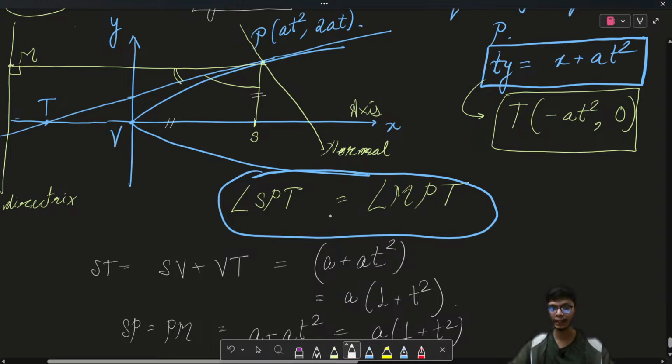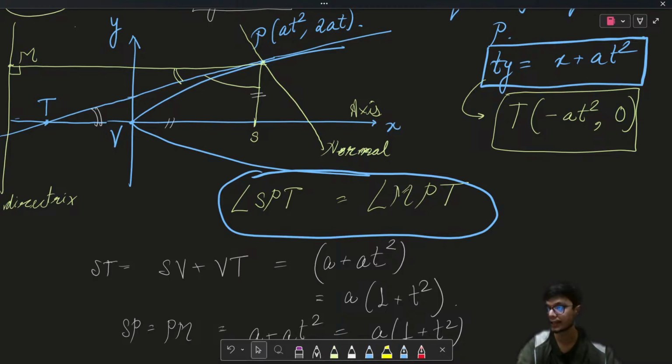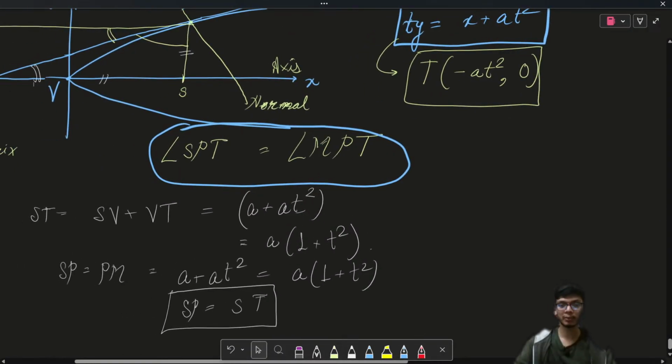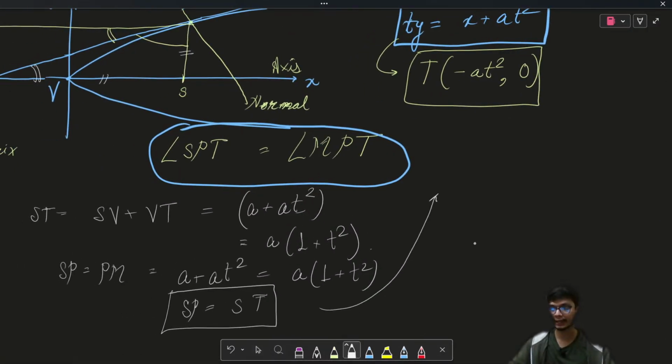That means triangle PST is an isosceles triangle, therefore this angle and this angle would be equal, right? So from this isosceles triangle property I can make another conclusion that angle STP is equal to angle SPT.